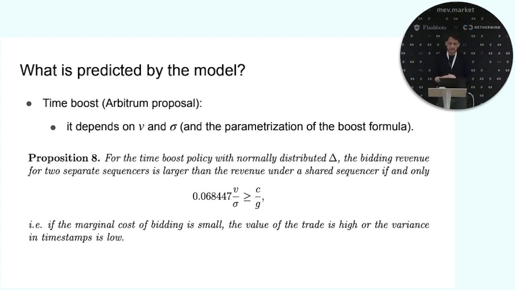In that case, we figure out that it depends very much on the value of the arbitrage and on the noise distribution. So for this kind of sequencing policy, it can sometimes be the case that if you do shared sequencing with it, you generate lower revenue than you would if you do separate sequencing. So it really depends on these different parameters of this game.